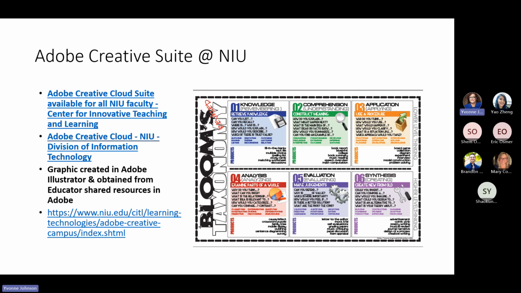This person is an educator, and they had gone in and looked at the different tools available in Adobe Creative Suite and created this chart. It shows, for knowledge level 1, remembering, some of the different starter posts, such as, can you list XYZ?